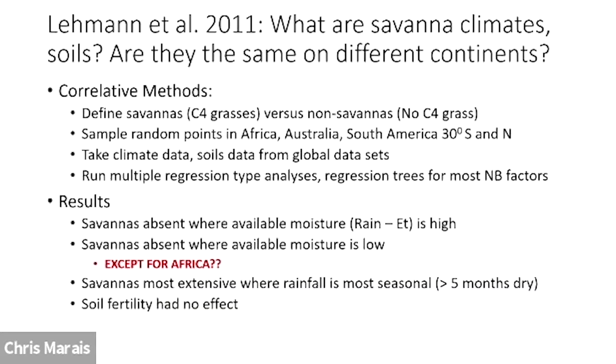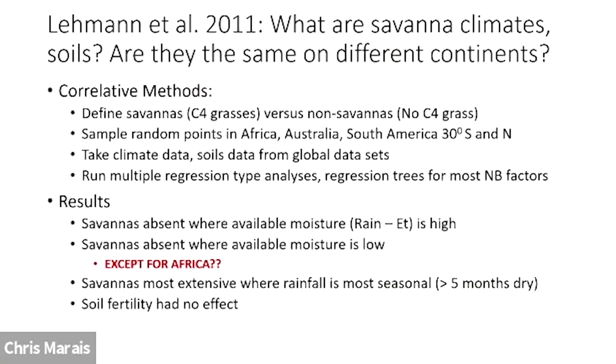And what do we find? Well, the savannas are absent where available moisture is high. Savannas are absent where available moisture is low. So not too dry, not too wet, in between, except for Africa, where the savannas occur in much drier regions than they do in Australia and South America.